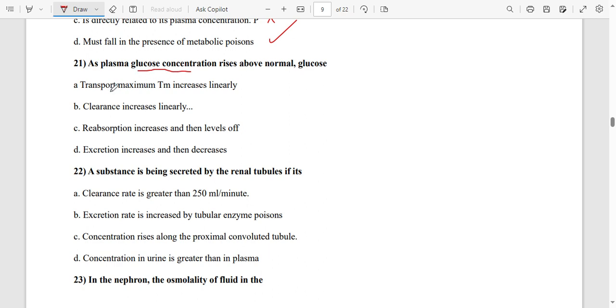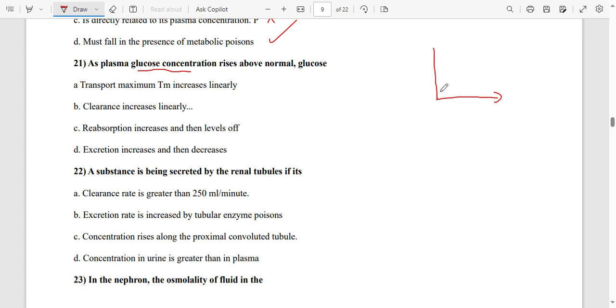Now A is saying transport maximum increases linearly. What happens is glucose is going to be stored, and it is transported to where it is supposed to be stored, not by diffusion but by facilitated diffusion. It passes through channels, so it actually has transporters.